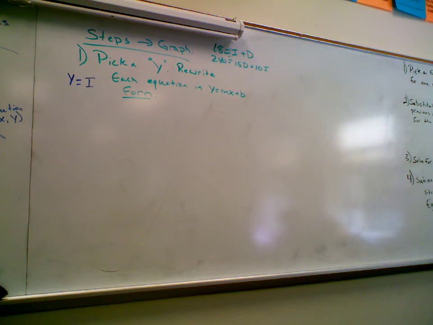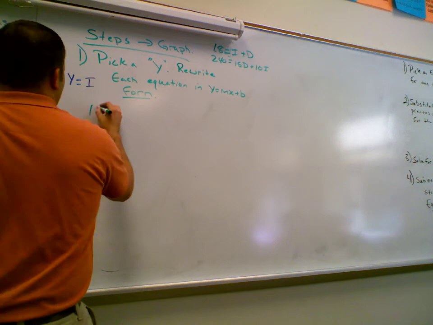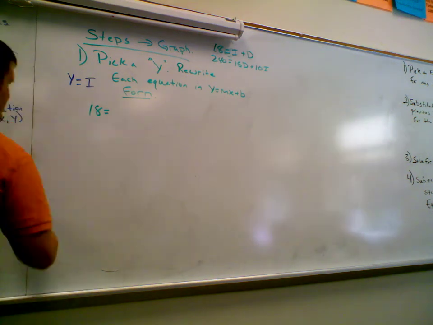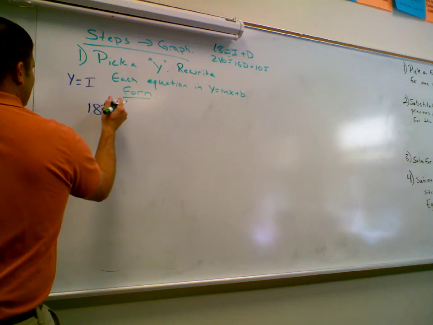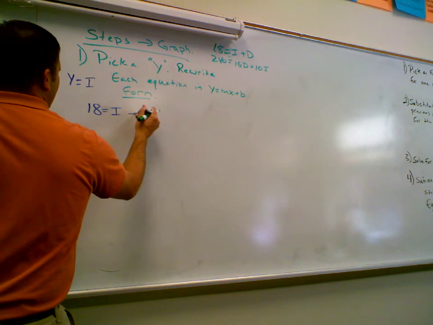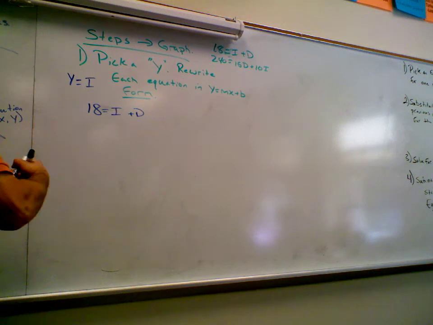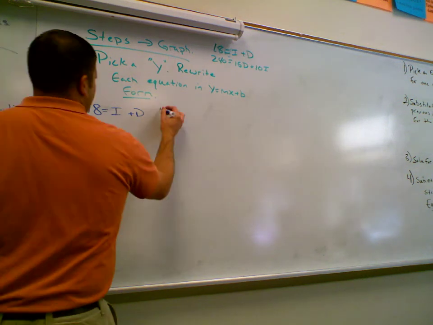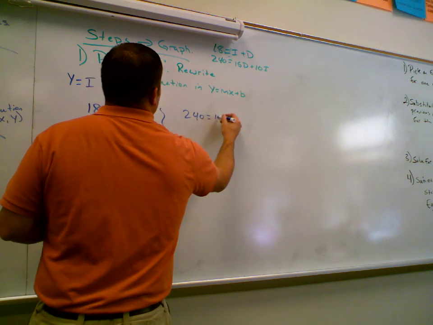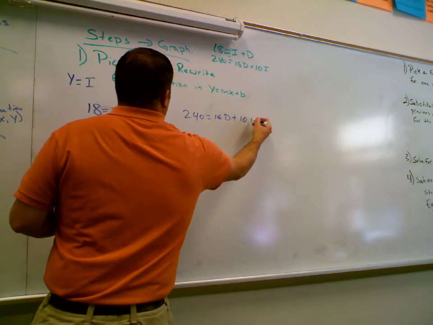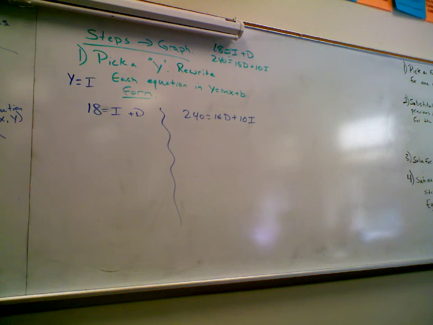What do I need to solve the two equations for? I. We need to solve the two equations for I. So we have 18 equals, oh, different color, sorry. Breaking my own rule from last time. So here's the steps, and here's what the process looks like. Now on your notes, you might want to draw a little squiggly line right here so you don't get your two equations confused. Okay, straight line's fine too.